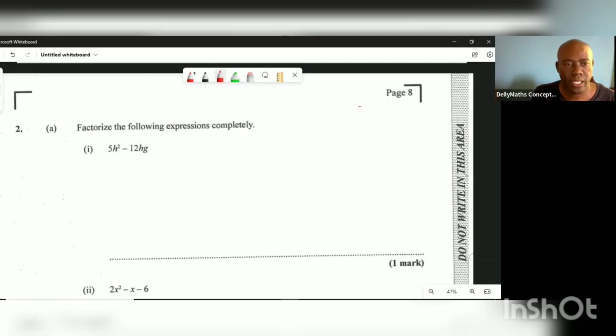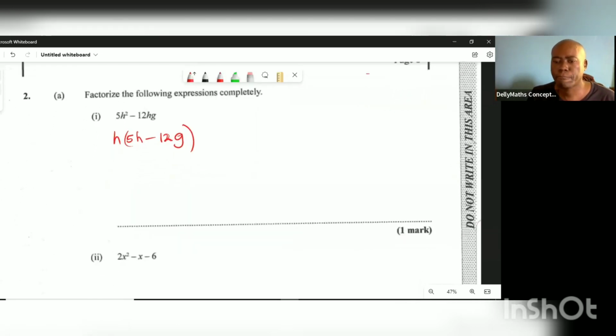The common factor here is just h, because there's no number apart from 1 that can go into 5 and 12. So it's h, open the bracket: h into 5h squared leaves 5h, and h into 12hg leaves 12g. We have factorized that and collected our marks to move on.